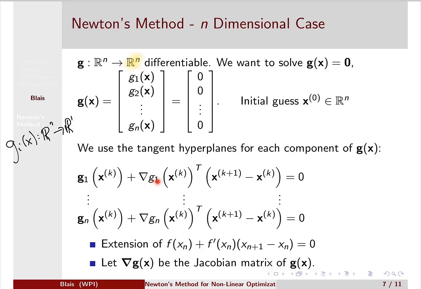The gradient of g1 evaluated at xk, remember we know xk, so this is just a vector of numbers. xk is a vector of numbers, that's our previous guess. xk plus 1 is the unknown. So this is a scalar plus some linear combination of the entries of xk plus 1 equals 0. This is a hyperplane in n plus 1 dimensional space. The key is that we are solving n of these simultaneously.